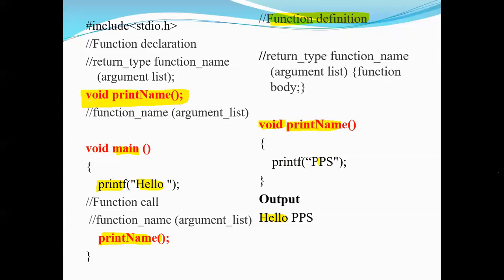Printf is a function, but here it is one simple statement. Whatever data is present inside the double quotation marks will be printed on the screen. Once this function has completed its operation, it will go back to the main program.